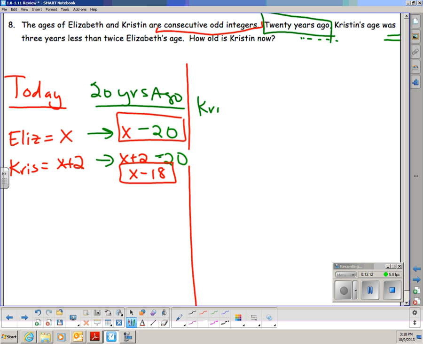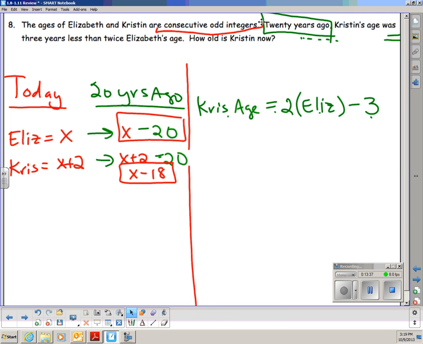So Kristen's age was 3 years less, so that's subtraction of 3, twice Elizabeth's age. And I'm doing this all 20 years ago. So now I'm going to dump in my 20-year-ago ages.